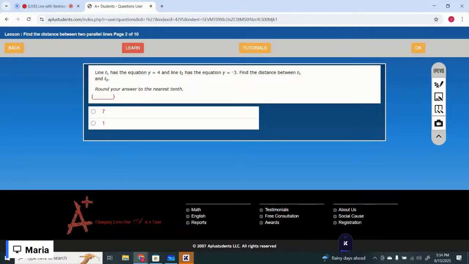Line L1 has the equation y equals 4 and line L2 has the equation y equals -3. Find the distance between L1 and L2.